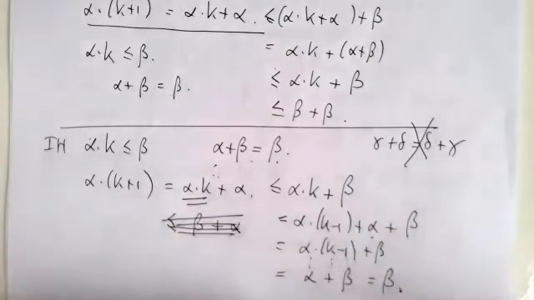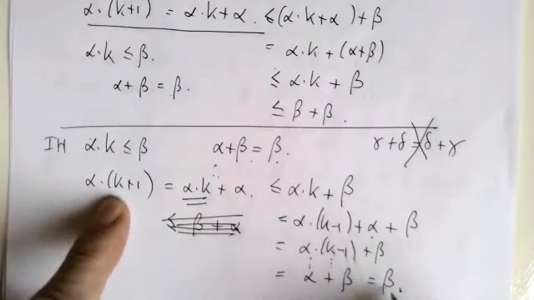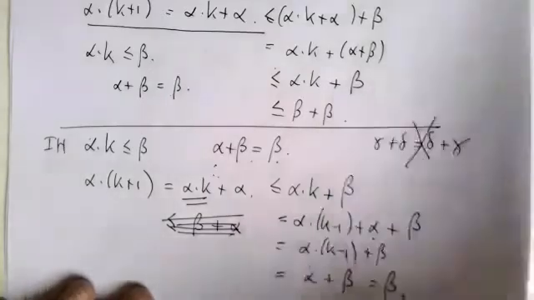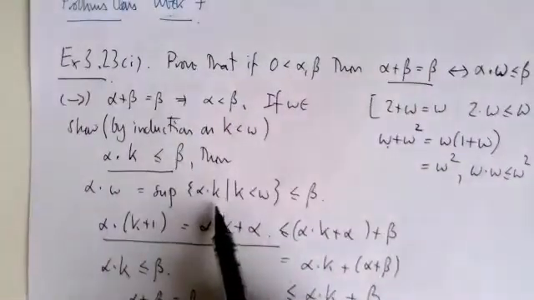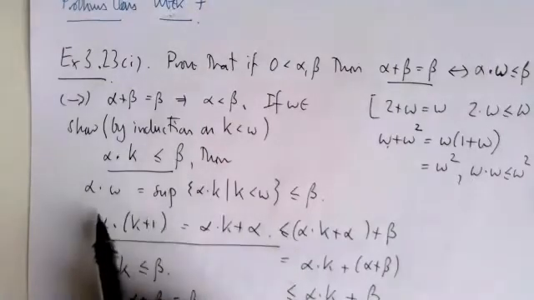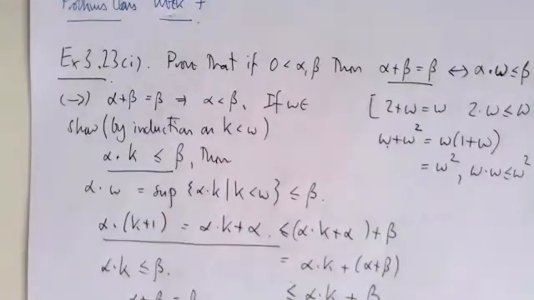So I do this k times, right? Just taking out alphas, and I end up with alpha plus beta equals beta here. So now I've got my inequality that I want. And then, as I said, we look at the supremum of the alpha times k's, and that's alpha times omega. And so that means it's less than or equal to beta.